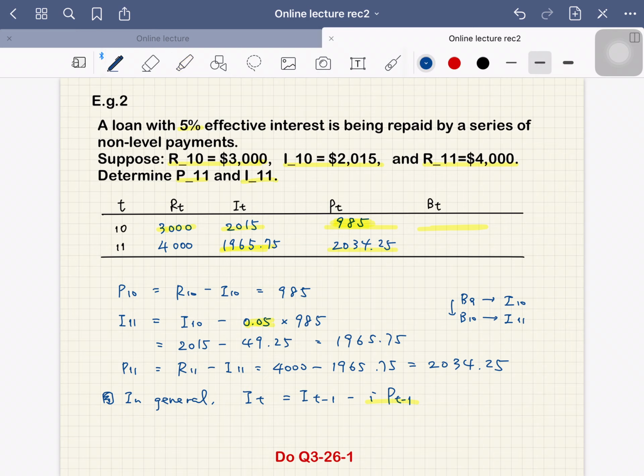If you want more mathematical proof based on our formulas, at first the balance at t minus 1 is balance at t minus 2 minus principal repaid.